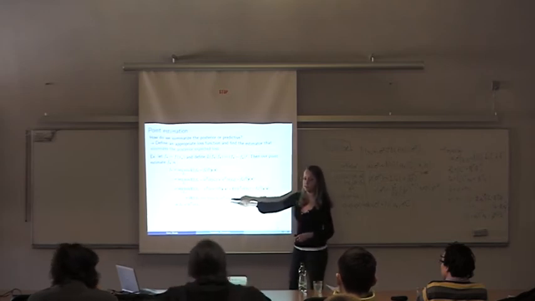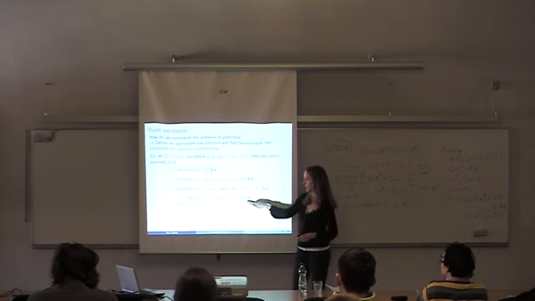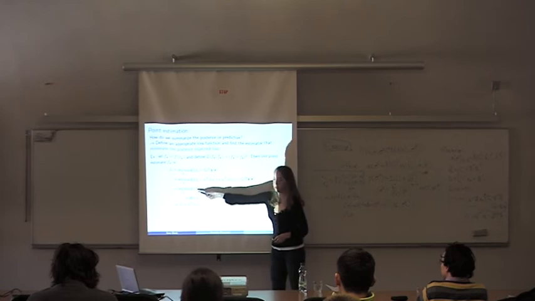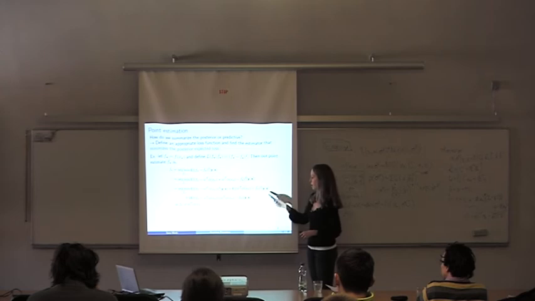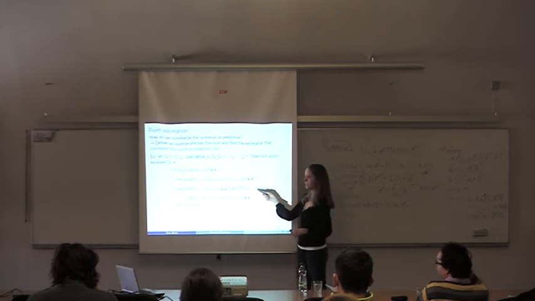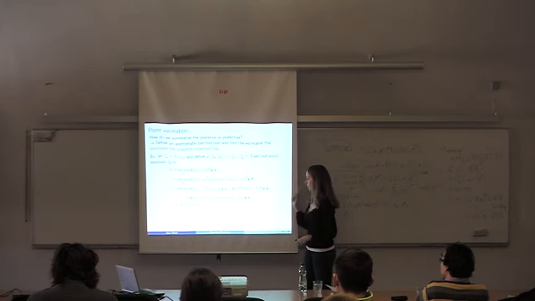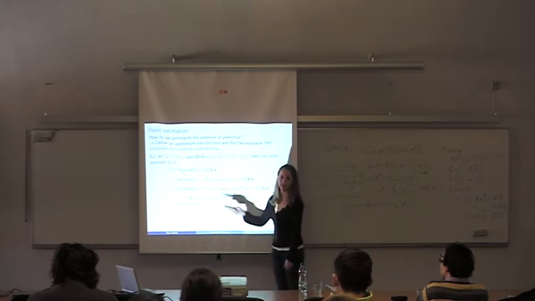F star minus its expected value is just 0. So this term goes away. This term doesn't depend on f star tilde, so we can get rid of that term. And then this is the thing that we need to minimize, right? And this is just minimized by setting f star tilde equal to this expected value. So we get, under the squared error loss function, that our point estimate is just the posterior mean.